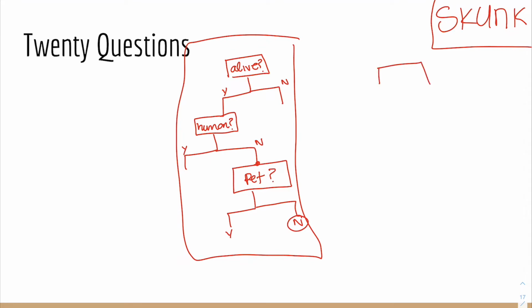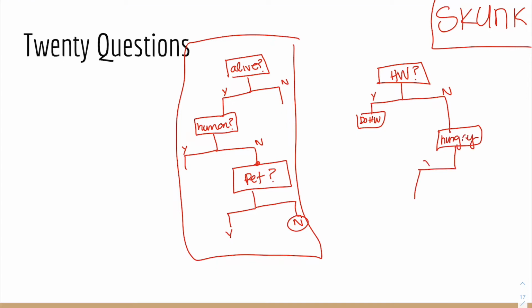For instance, you can say, okay, I have a 20-minute break. What am I going to do? Well, my first question might be, do I have any homework due? If I do have homework due, then I would say, well, do homework. If I don't have homework due, then I might say, am I hungry?